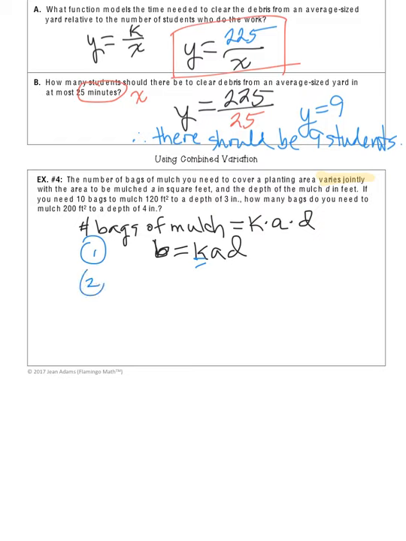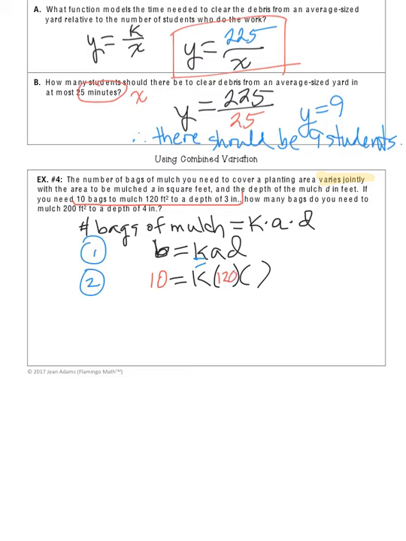So step 2 is actually to find my constant of variation. And what they have done is they've given you all 3 of these variables. So they've given you one full triple ordered pair, if you will. So they did that right here. So I'm going to put 10 bags, so the 10 goes in for B, equals K times my A and my D. Well, my A is my area, 120.